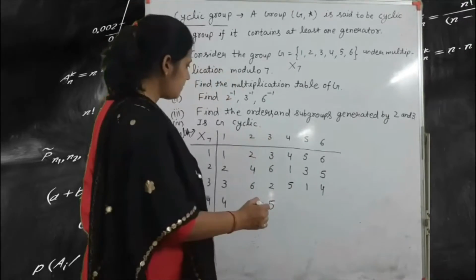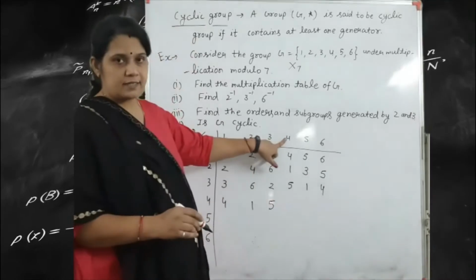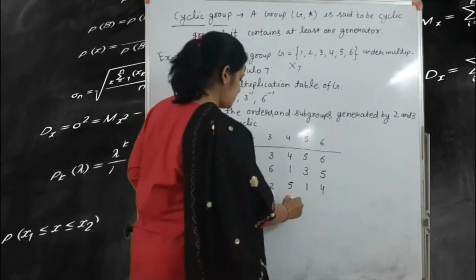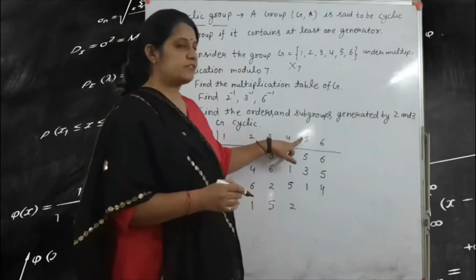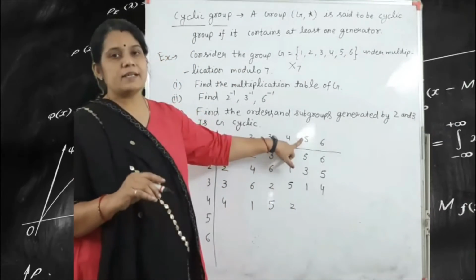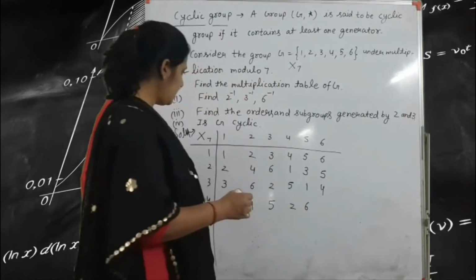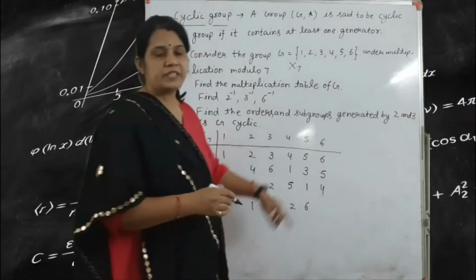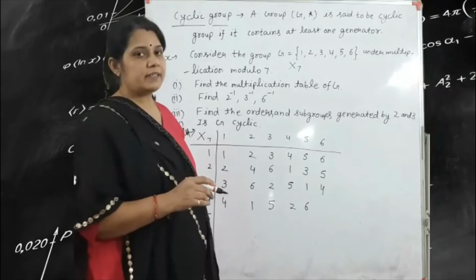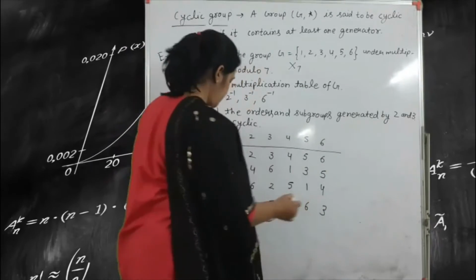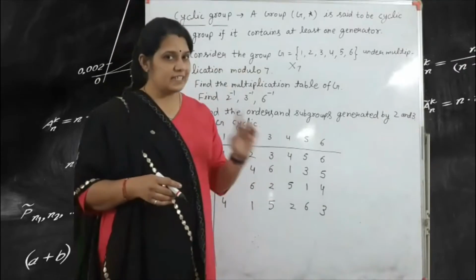Okay, 4 4s are 16, divided by 7, 7 2s are 14, so the remainder is 2. 4 5s are 20 divided by 7, so the remainder is 6. And 4 6s are 24, so 24 divided by 7, the remainder is 3. Okay, so see here very carefully.